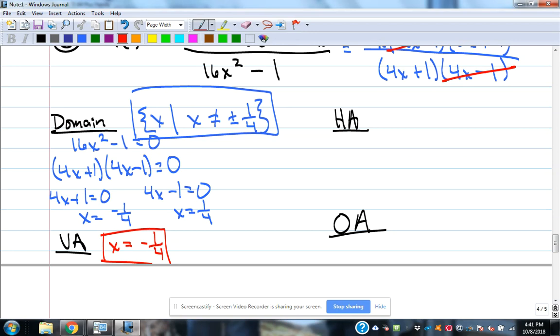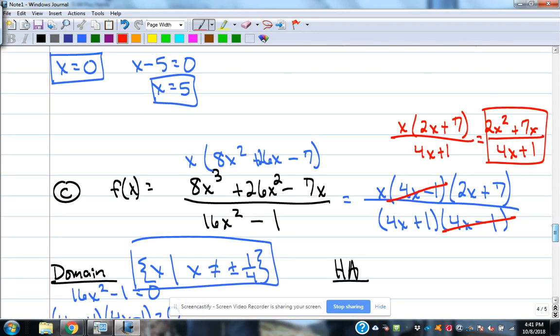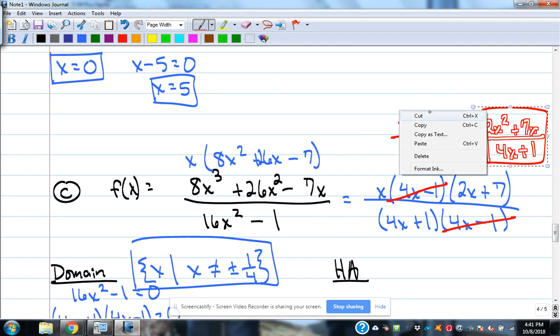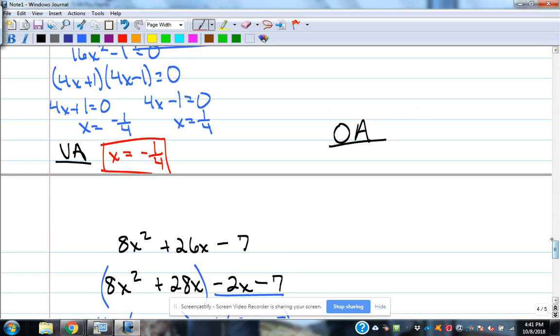So I'm looking at the simplified version, which is right here. That's the part I'm looking at to get that vertical asymptote. 4x plus 1 gets me that. The degree of the numerator, we've already said, is 2.